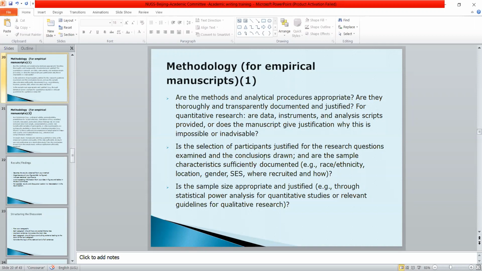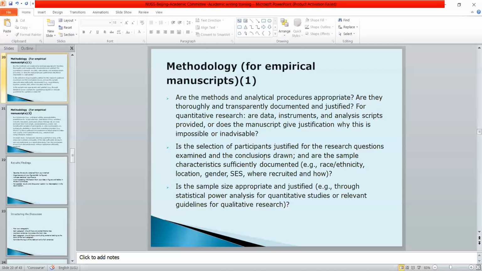They are very, very clear. Are the methods and the analytical procedures appropriate? Are they thoroughly and transparently documented and justified? For quantitative research, are the data, instruments, and analysis scripts provided? Or does the manuscript give justification why this is impossible or inadvisable? Is the selection of participants justified for the research questions examined and the conclusions drawn?